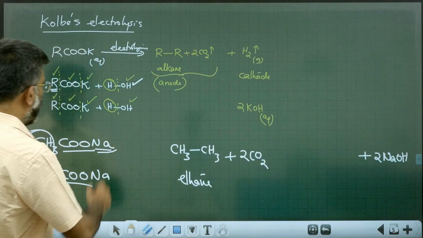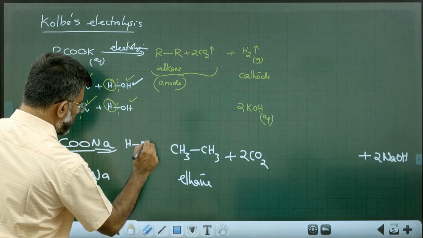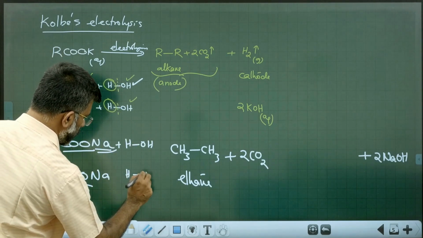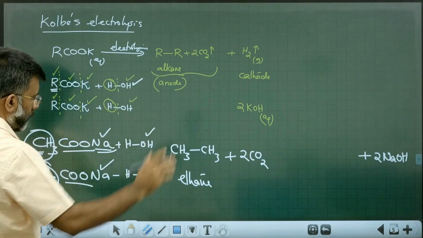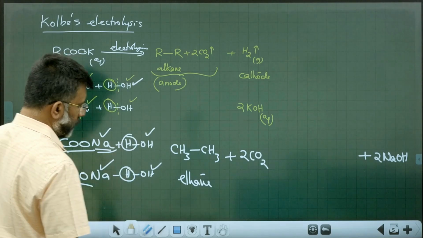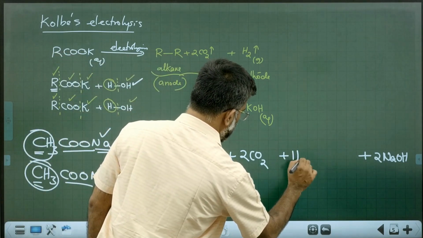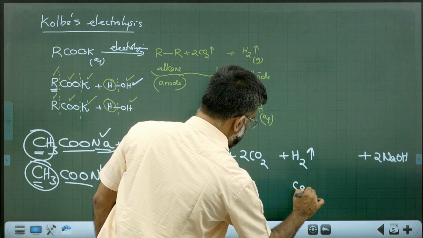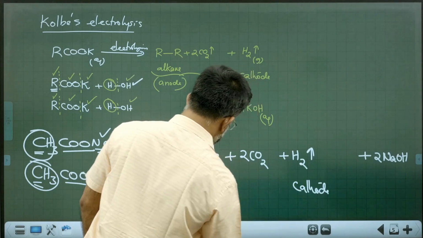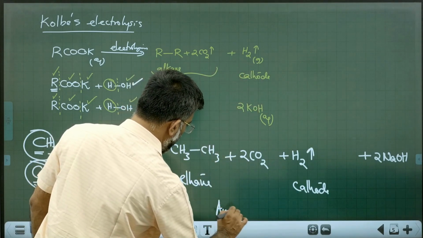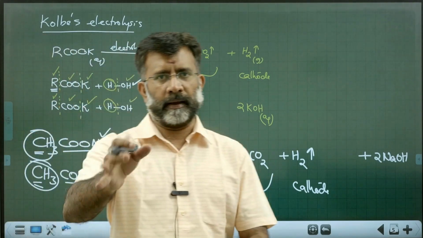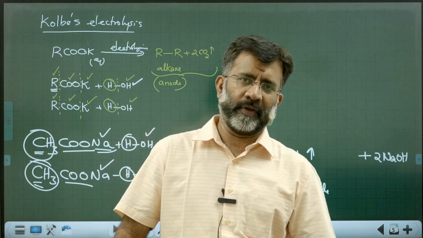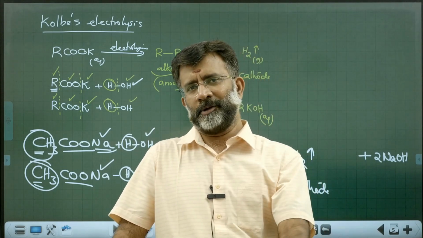And now hydrogen. You see, interaction with water. 2 NaOH, hydrogen. It is hydrogen at cathode. This is at cathode. This is at anode. So at the anode, you get an alkane along with evolving carbon dioxide. At the cathode, you get hydrogen.